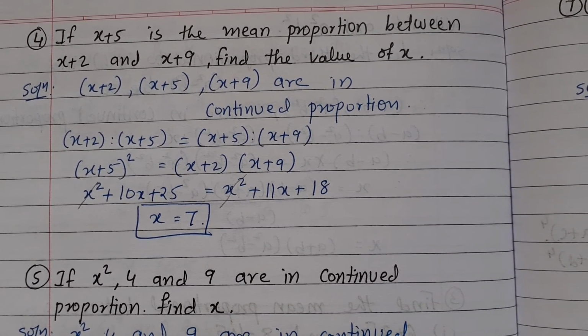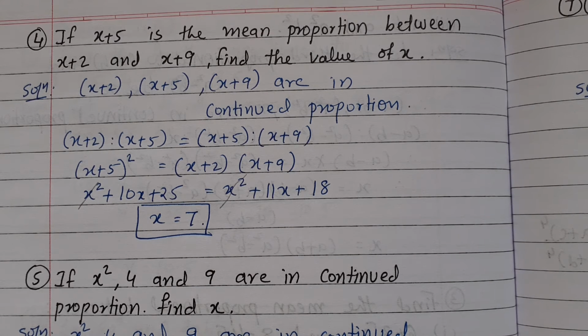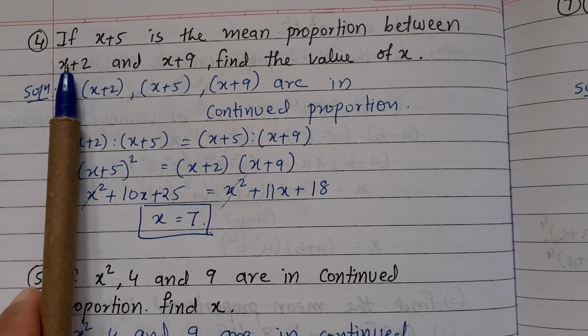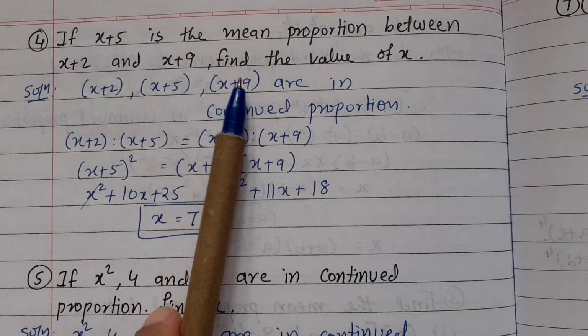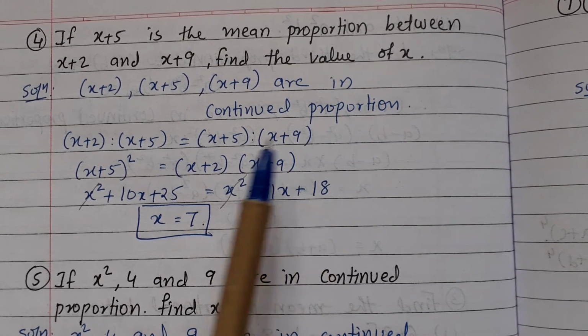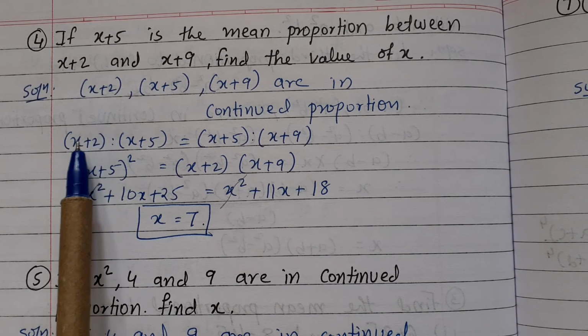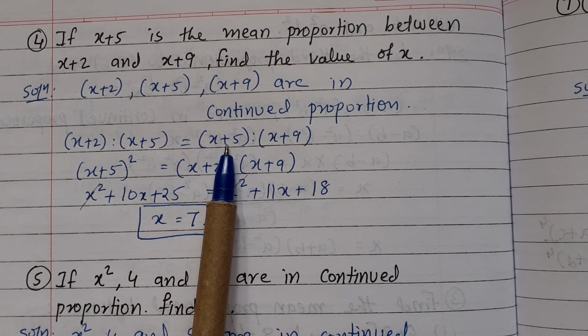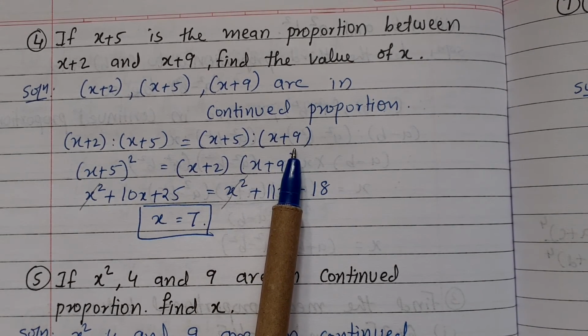Sum number 4. If x plus 5 is the mean proportional between x plus 2 and x plus 9, find the value of x. It means x plus 2, x plus 5, x plus 9 are in continued proportion, which means x plus 2 is to x plus 5 equal to x plus 5 is to x plus 9.